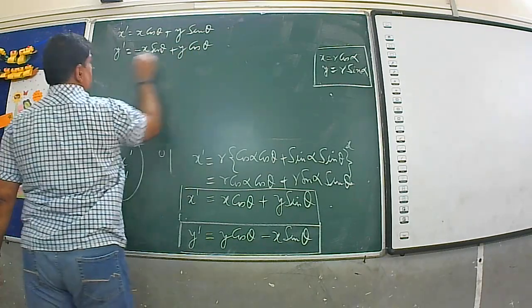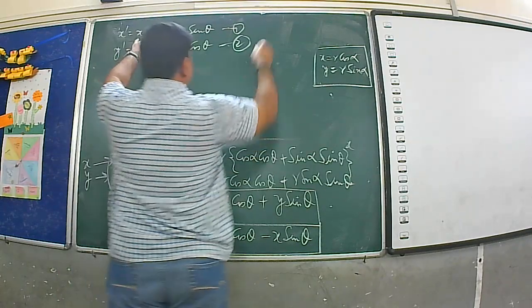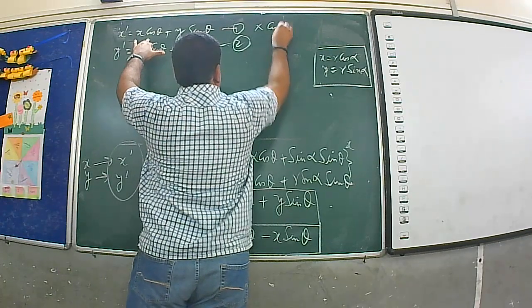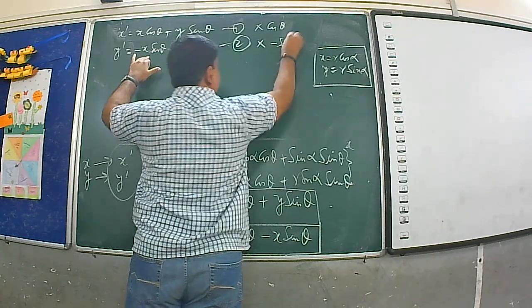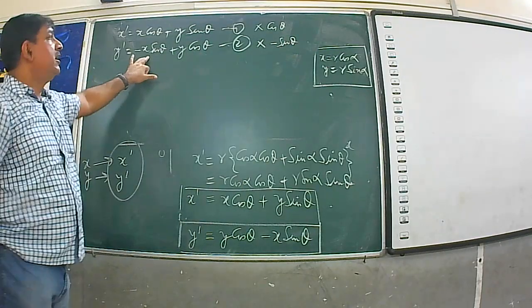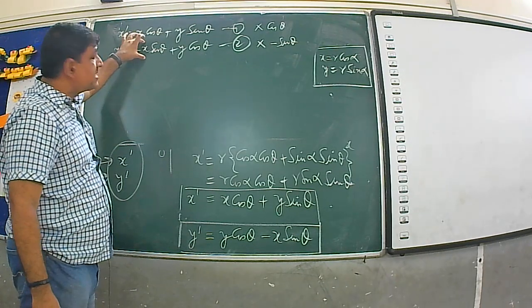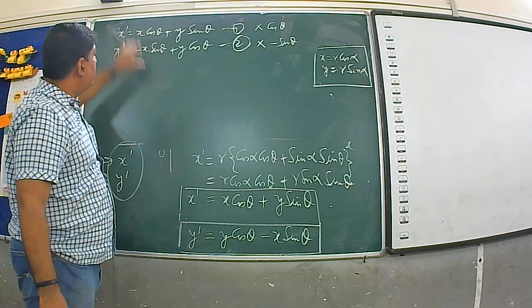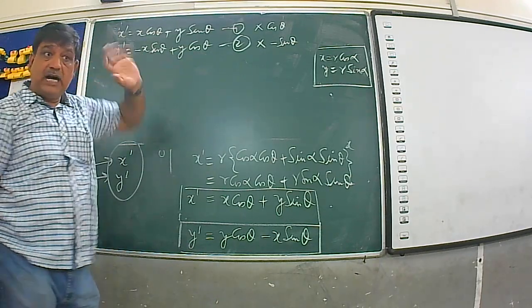This one is number 1, this one is number 2. Now if you multiply the first result by cos theta and the second by minus sin theta, you will get cos square theta and sin square theta. So if you add, you will get the value of x, and you will find that two terms cancel out after adding.